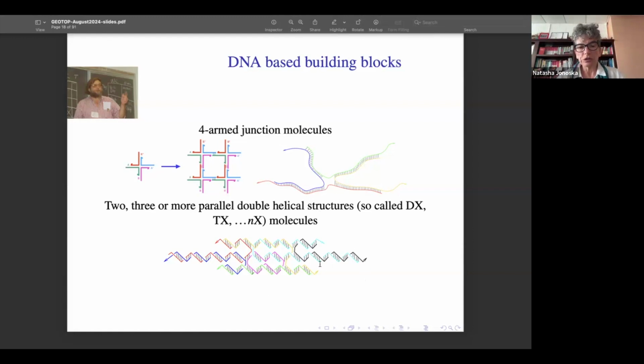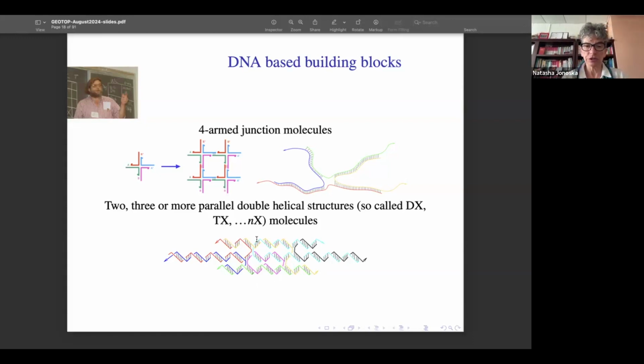This is an example of a triplex molecule, TX molecule, where you have three helical duplexes, right? Each one of these is a helical duplex joined together through a threading of different strands.